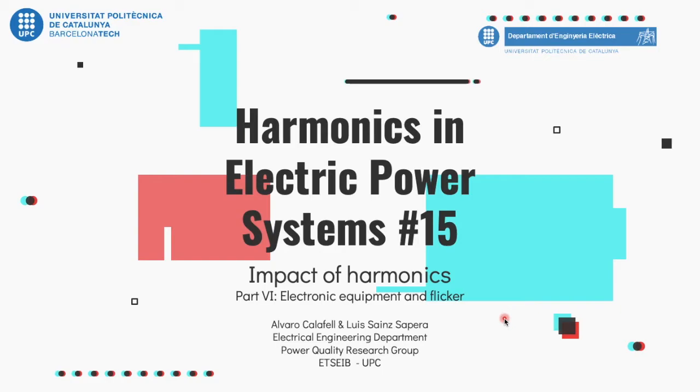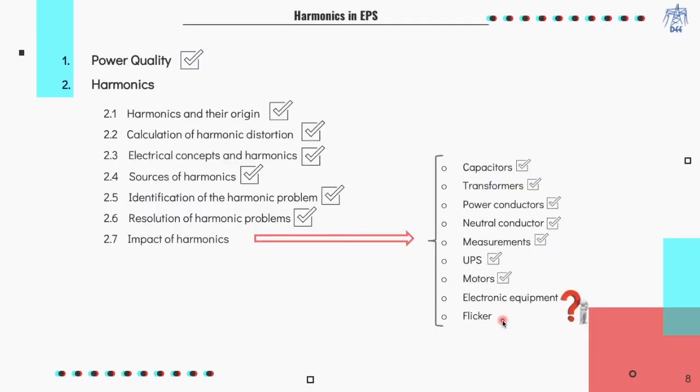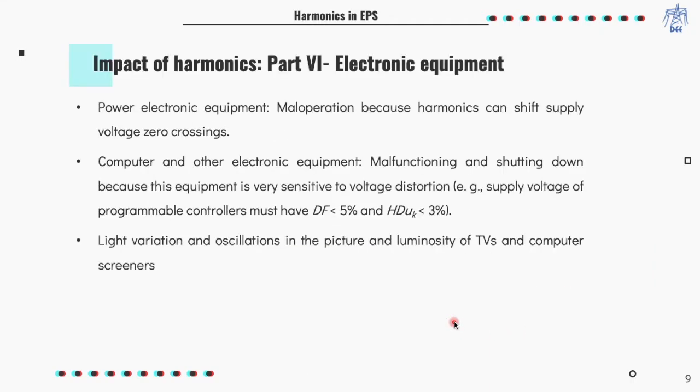In this part, I will explain the impact of harmonics on electronic equipment and flicker. Previously, we spoke about the impact of harmonics in several devices, and this last video will present the impact on electronic equipment and the influence on flicker. With regards to the electronic equipment, the impact of harmonics is summarized in the following issues.